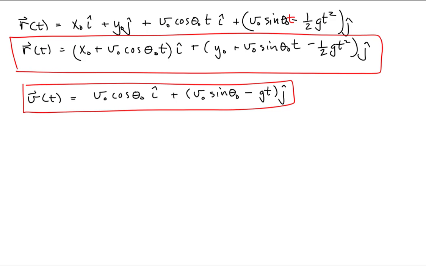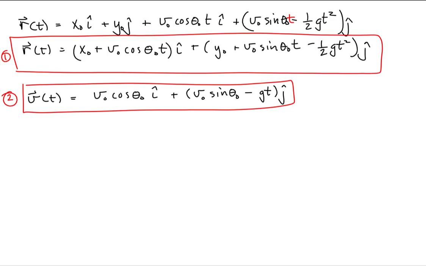Given these two results, which I will call the first and second kinematics equations of motion, we're able to predict the future path of any object as long as they are under the influence of one and only one force, gravity.